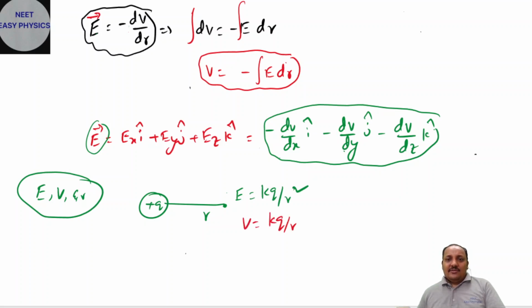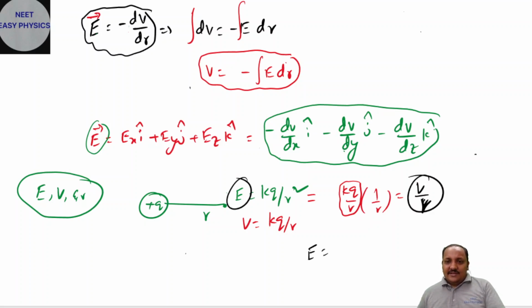It is KQ by R. So from this equation, KQ by R into 1 by R. So what we can write in place of KQ by R? V by R. So this one only we will write electric field intensity, V by R. So potential by distance gives electric field intensity.